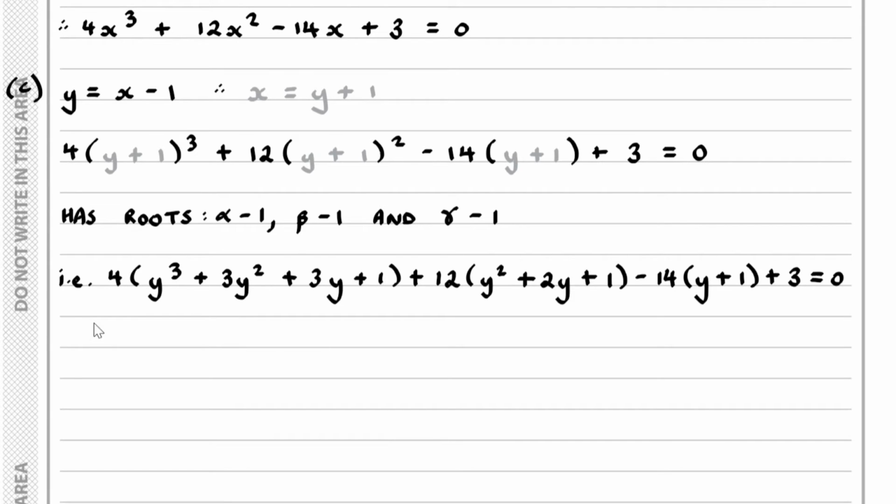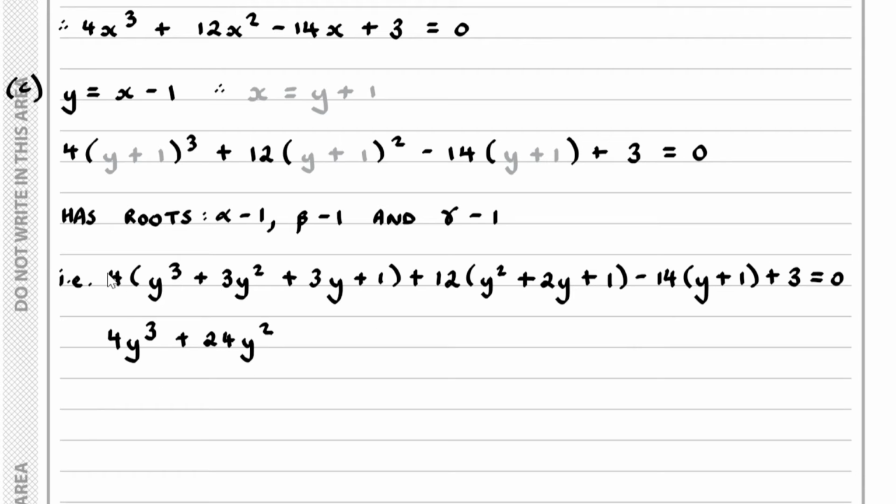So let's simplify. In terms of the y cubes, well, I've got 4 times y cubed. Then in terms of the y squared, I've got 4 times by 3y squared, and then I've got another 12y squared. So that will give us 24y squared.